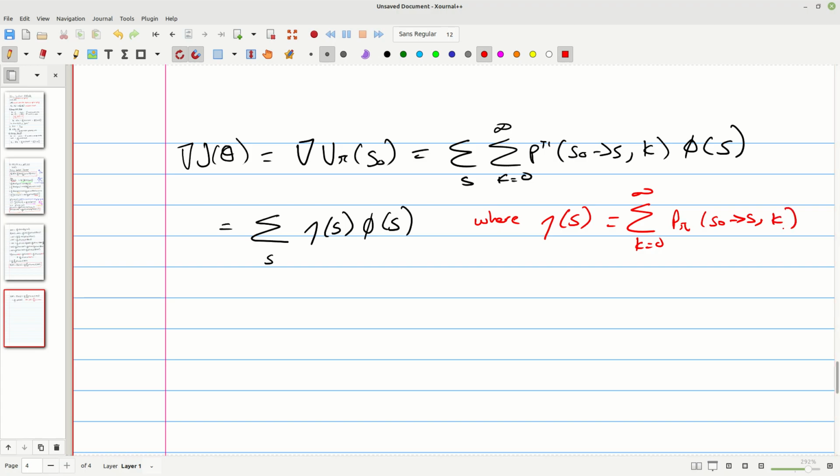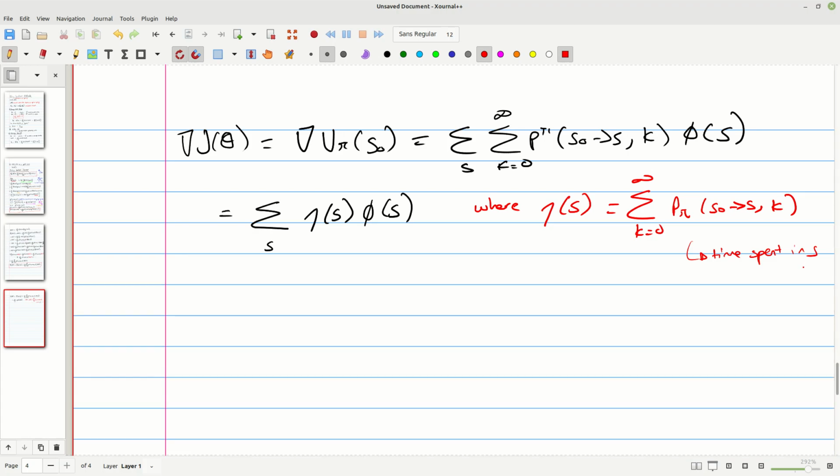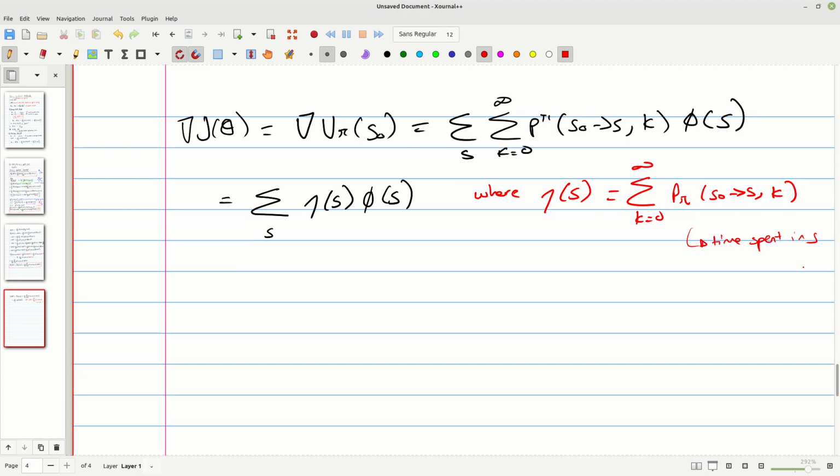So we are just replacing this by this term, and this is essentially representing the time that we spend in state s. So this is how much time we're actually spending in this particular state, which is why we're computing this. Because as you can tell, this is not an actual probability that sums up to 1 or anything.